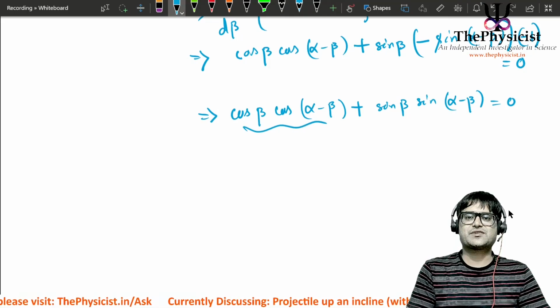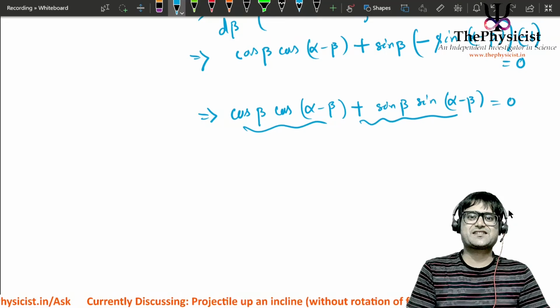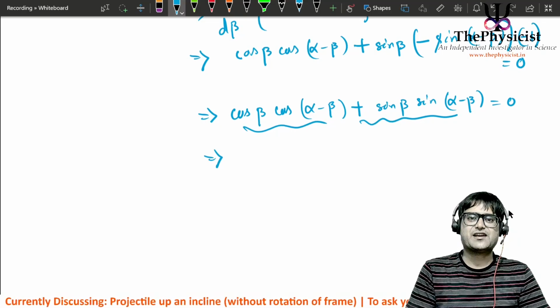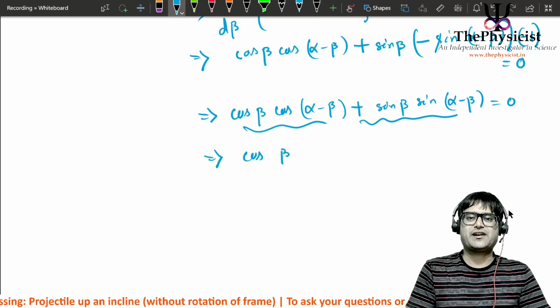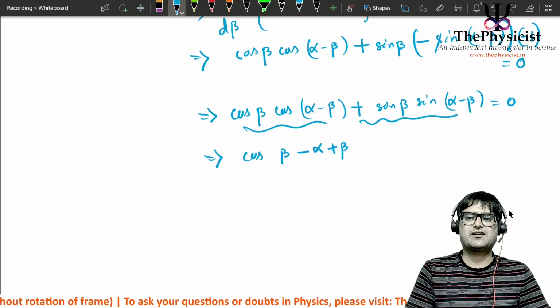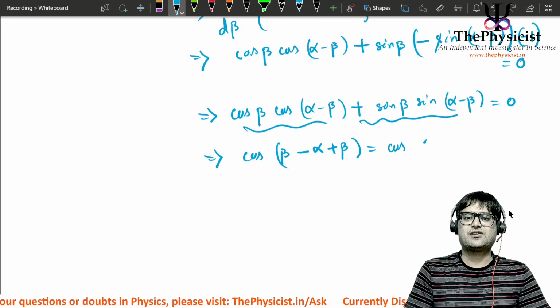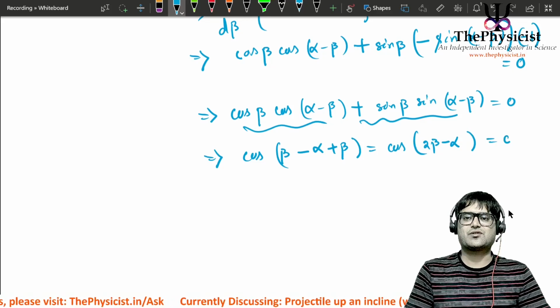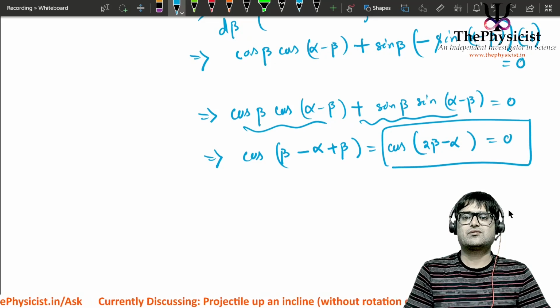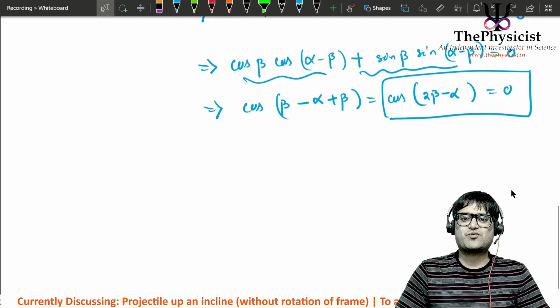So this resembles cos A cos B plus sin A sin B is cos A minus B. So it's cosine of beta minus alpha plus beta, which is nothing but cosine of 2 beta minus alpha, which is equal to 0, right?